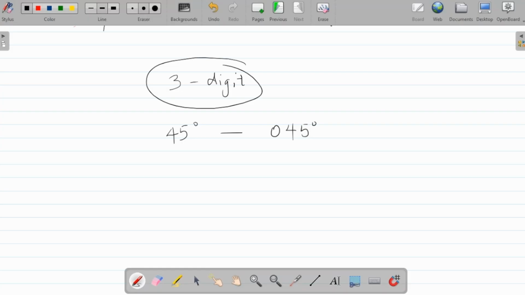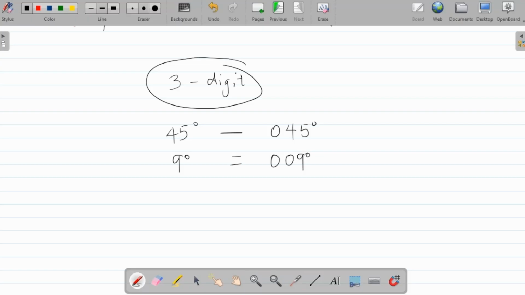If we say the measured angle is 9 degrees, the bearing has to be 3 digits, so we add 2 zeros in front of the 9 and it becomes 009 degrees. Good.